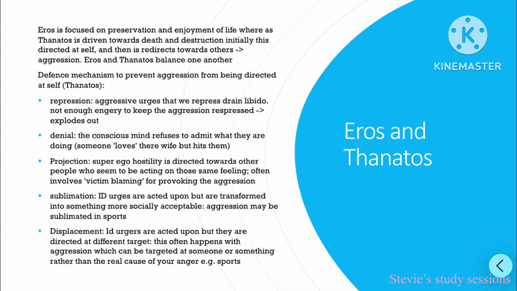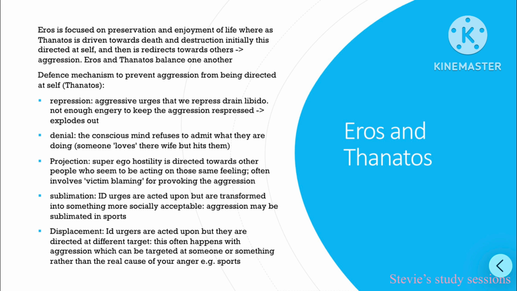Denial. The conscious mind refuses to admit what they are doing. Projection. The superego's hostility is directed towards people who seem to be acting on the same feeling, and often involves victim blaming for provoking aggression. Sublimation. Id urges are acted upon but transformed into something socially acceptable.